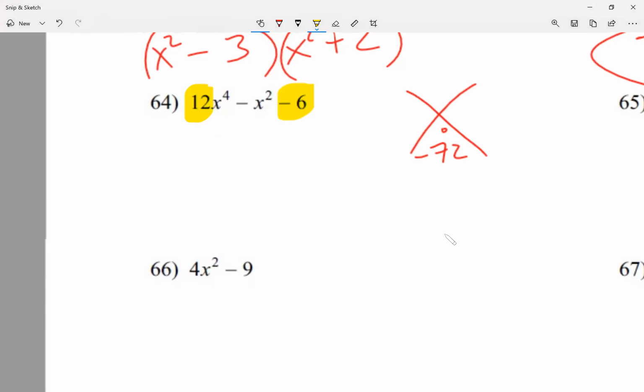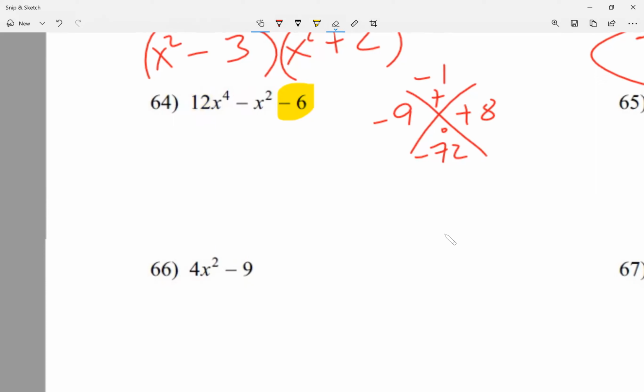My -72, because I multiplied those out. So I'm thinking of two numbers that multiplied equals -72, but when I add my numbers, it's still -1. My -1, I got it from right here. So in this case, we will think -9, +8.